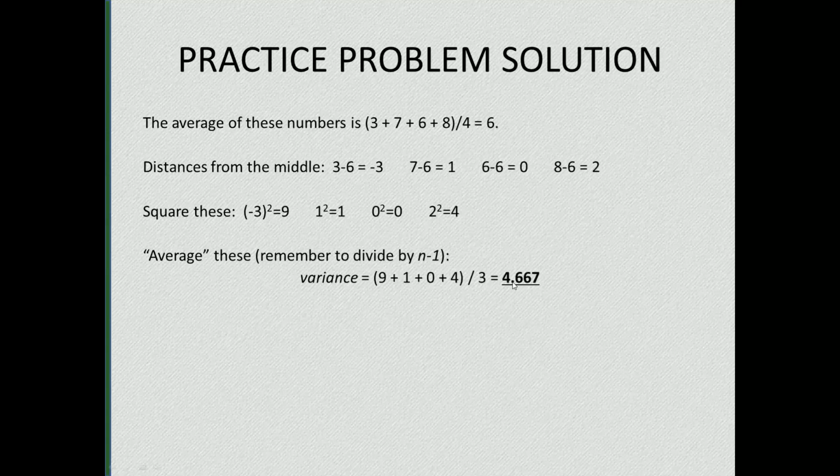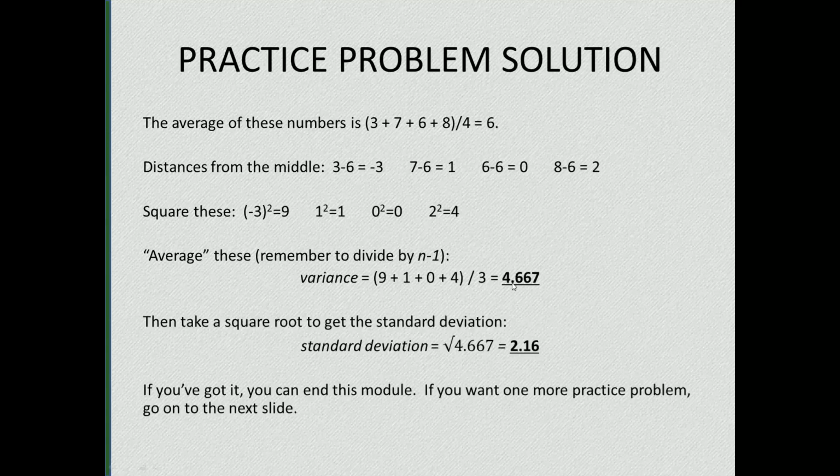The standard deviation is then the square root of that quantity, 2.16. If you've got the computation nailed, you can stop here. If you want an additional practice problem, keep going in the video. We'll work through one more example.